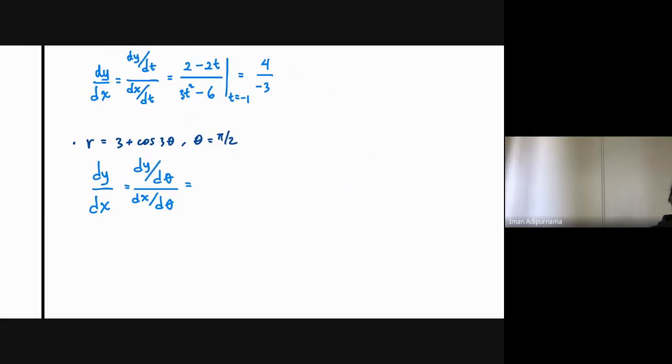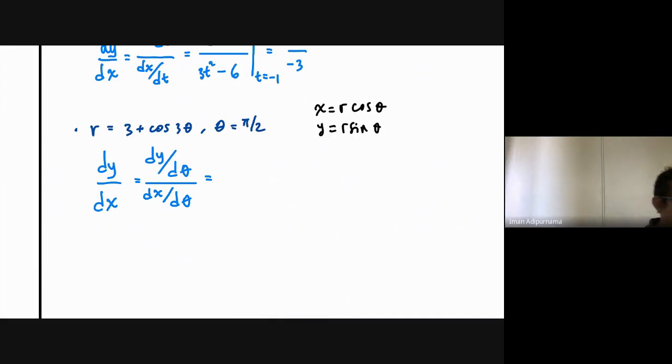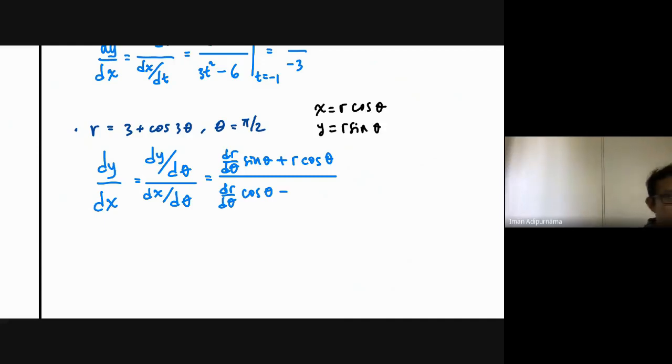We can write that x is r cosine theta and y is r sine theta, and both of these we need to differentiate. So for y, this will be dr over d theta sine theta plus r cosine theta, and for x, it is dr over d theta cosine theta minus r sine theta.